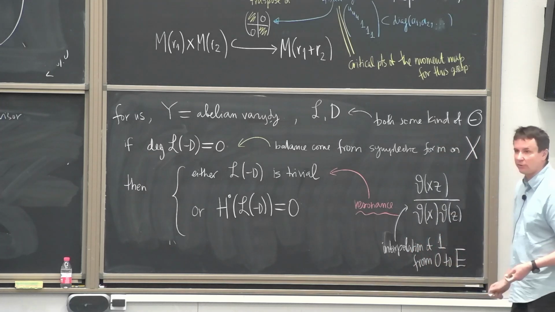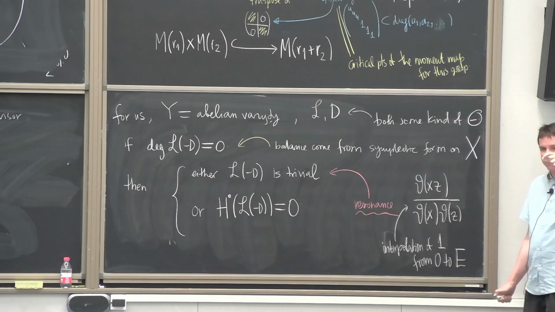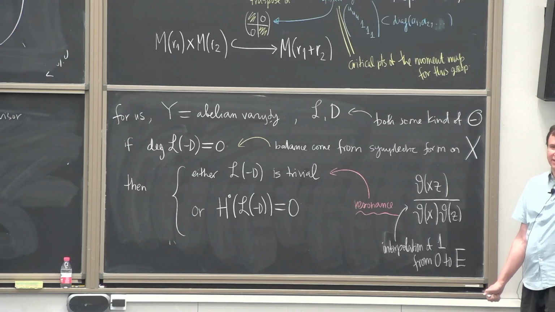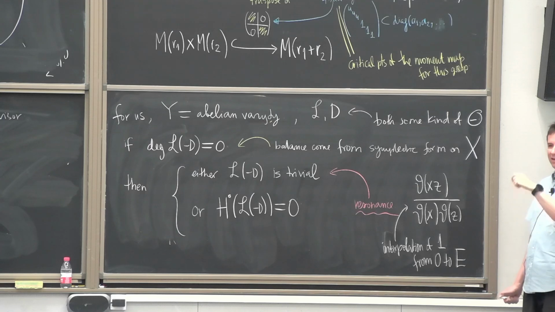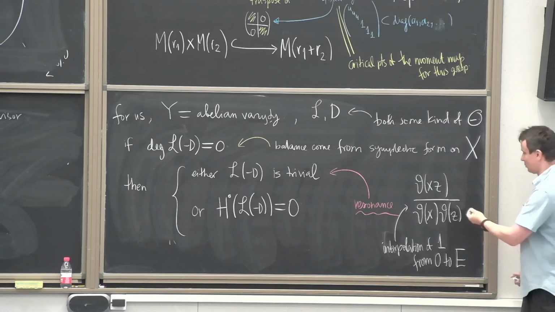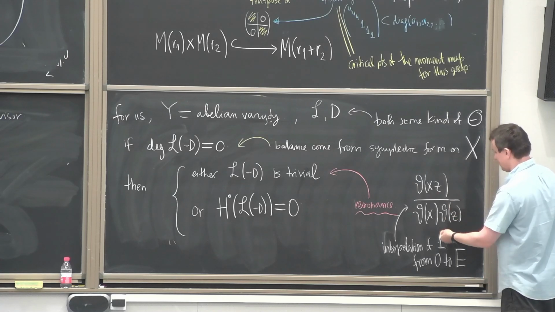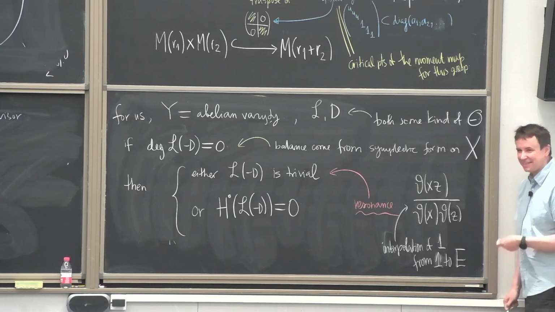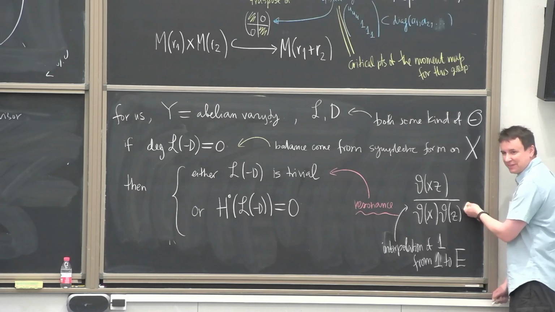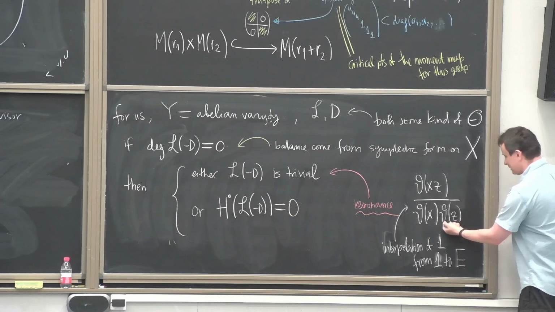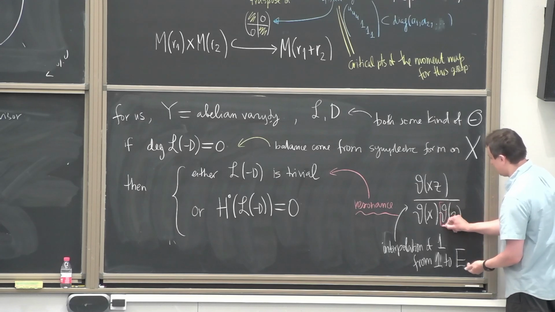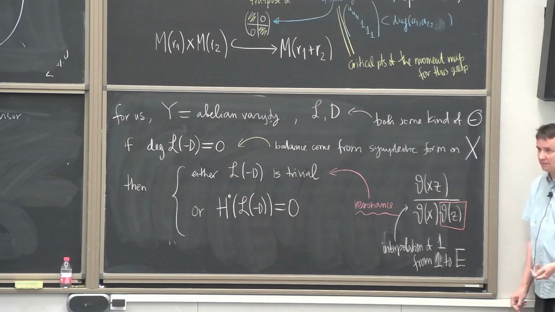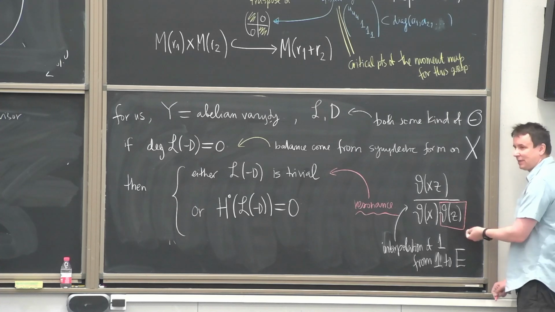You have a function 1 at the origin, and you would like to find a section of a suitable line bundle that interpolates this. But you see in this formula there's a denominator. So there's this guy here, and this is why, because if I have a trivial line bundle, then something else happens.